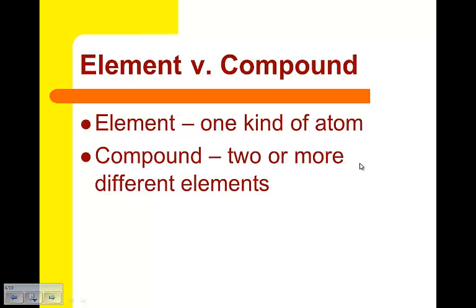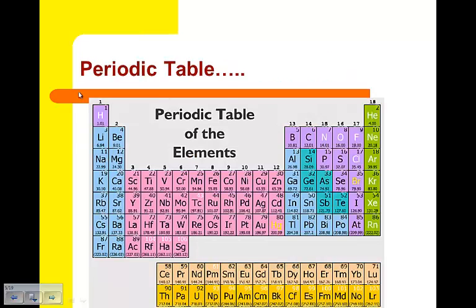Well, here we have 2 different elements, and that's called a compound. So if we were talking about carbon dioxide, 1 atom of carbon, 2 atoms of oxygen, because we have carbon and oxygen together, that would be a compound because it has 2 different elements.